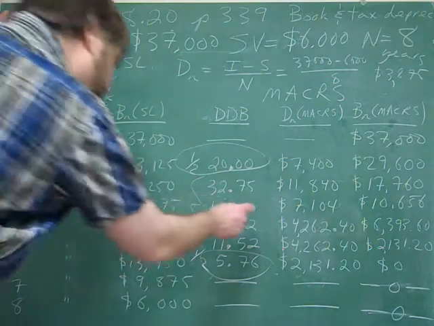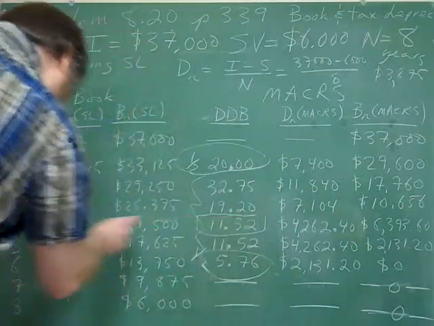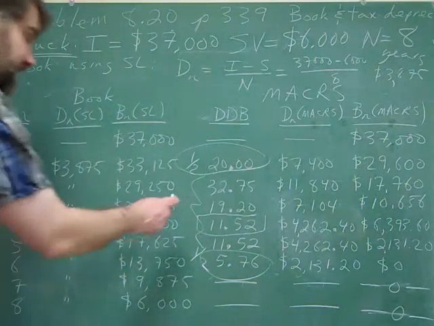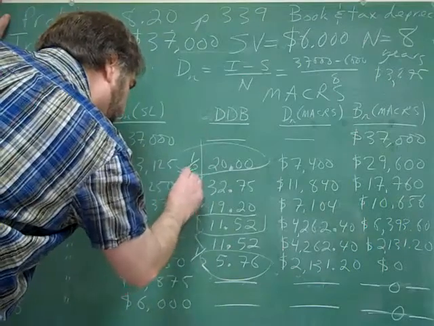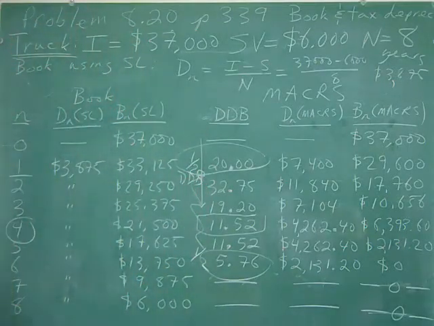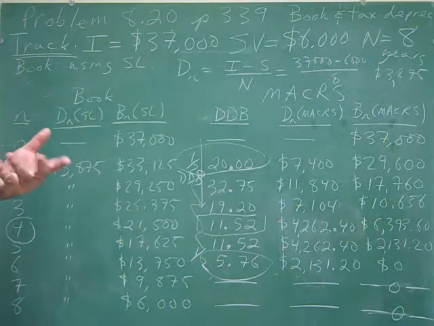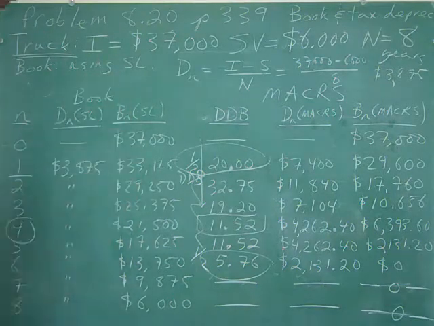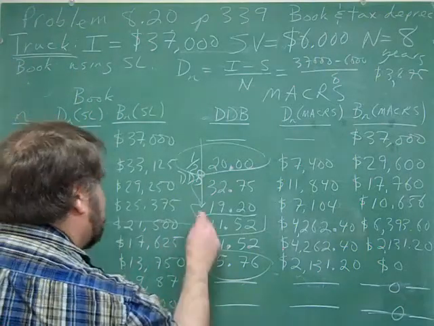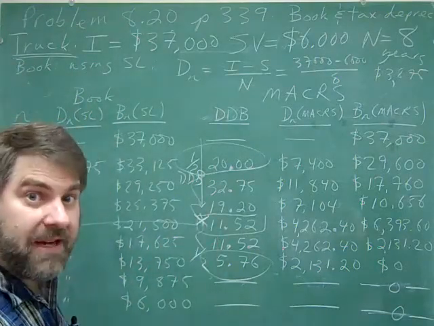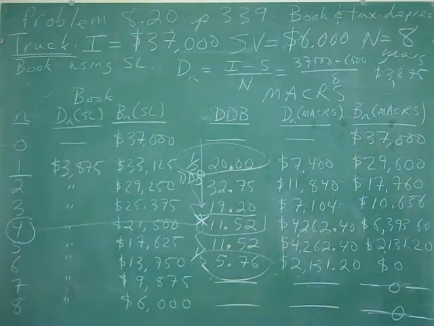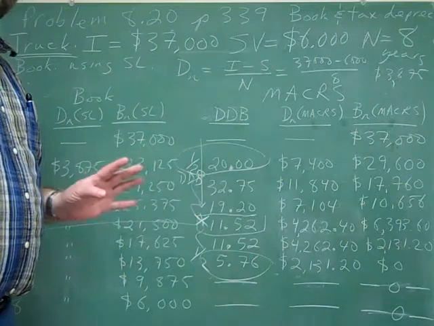And a particular note is when we get to year 4, this is where we start out with double declining balance, but recall that the straight line method allows us to take a bigger chunk of depreciation value than double declining. We switch over, and in this case, year 4 is when we make the switch. And if you look again at the table in your book, table 8.8, you will see little asterisks in each of those columns indicating when the switchover occurs.